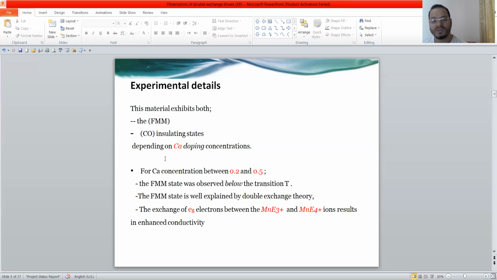And now I'm talking about the first one. This contains 3 shells. This eg electron transfer between these two different ions, Mn3+ and Mn4+ ion, results in enhanced conductivity. This supports the conductivity characteristic in this material.